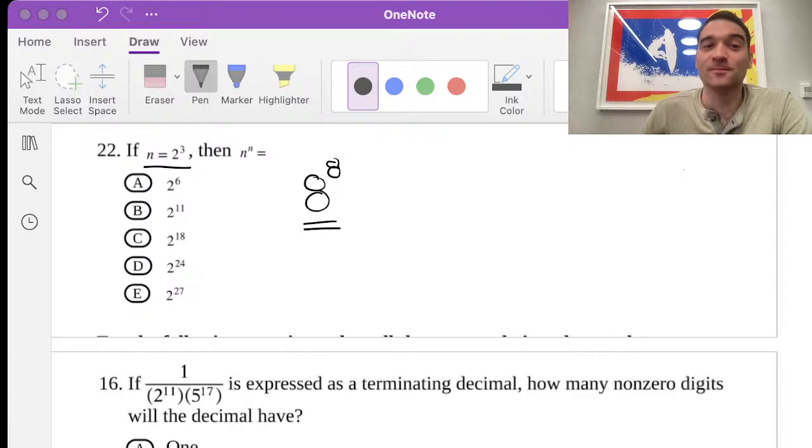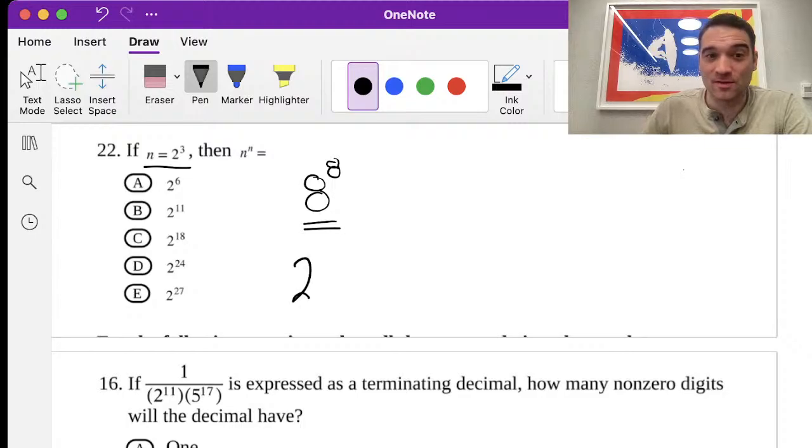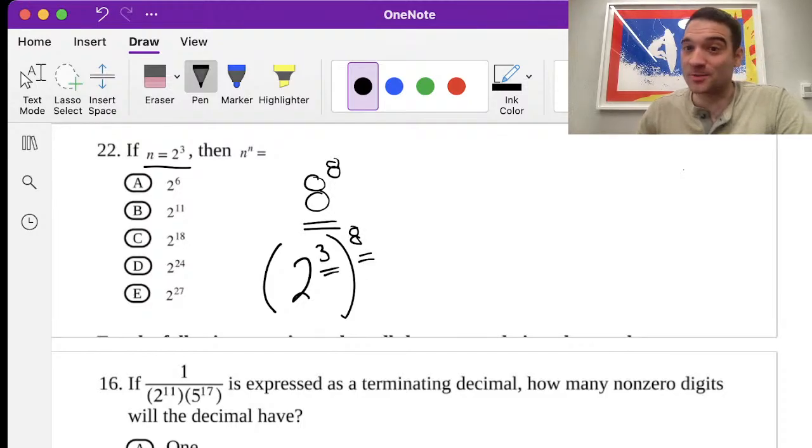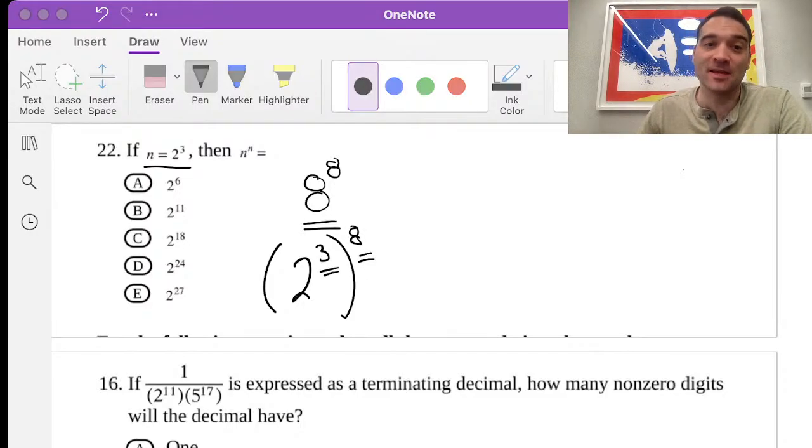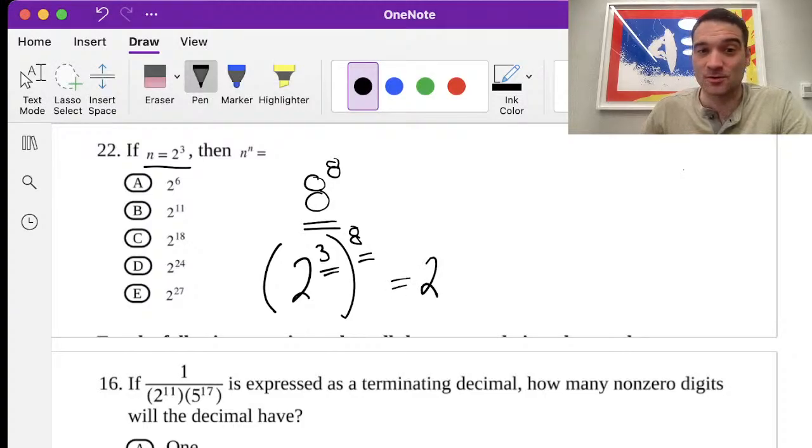Two times 2 times 2, aka 2 to the 3, right? So that's 2 to the 3 all to the power of 8. And my exponent rules, when I raise powers to powers, tell me that I'm going to multiply them. And so that's 2 to the 24. Boom.